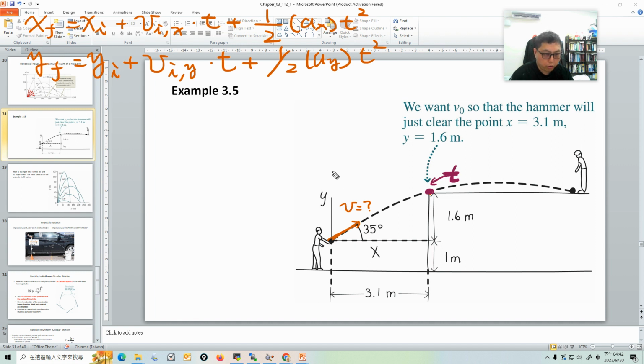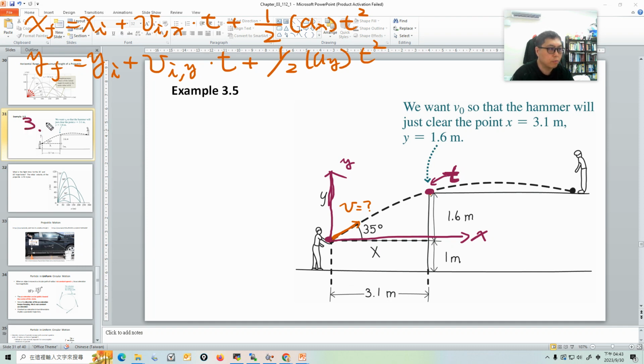The coordinate origin is set up here, on the hand of the thrower, with positive x and positive y. The final position of the x component, as you can see in this picture, is at this point at time t, and the x component is 3.1.